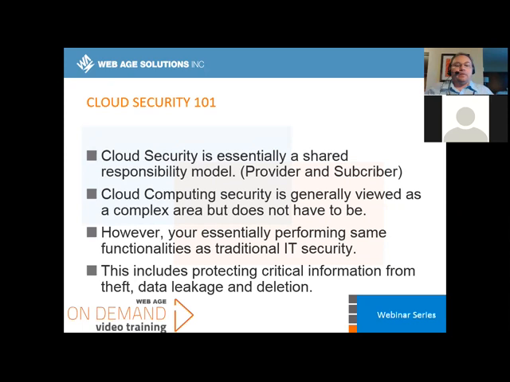Okay. Now, when it comes to performing functionality in cloud computing, it's basically very similar to what you're doing in traditional IT. Now, for example, if you're using Google Cloud Platform, you have services that are freely available to you, such as App Engine or Compute Engine.